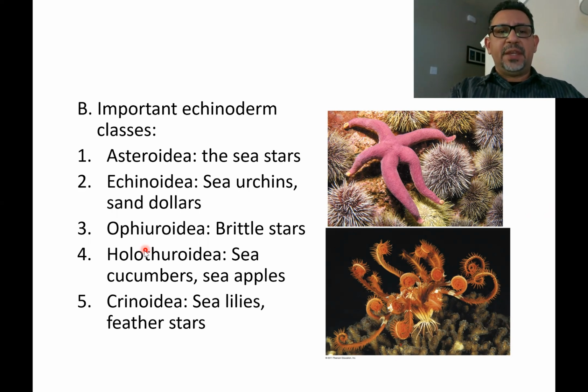And finally, we have the crinoids, the sea lilies and feather stars. And you can see an example of one of those sea lilies. Again, at times it looks like a plant on the ocean floor, but these are not plants, these are animals.